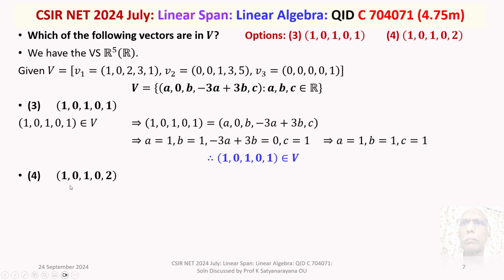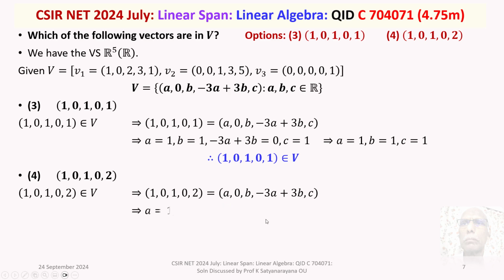Option 4. (1, 0, 1, 0, 2). If this is in V, then that must be equal to this 5-tuple, equating the corresponding components. We get A is equal to 1, B is equal to 1, minus 3A plus 3B is 0, C is 2. And A is 1, B is 1 will satisfy this minus 3A plus 3B is equal to 0.